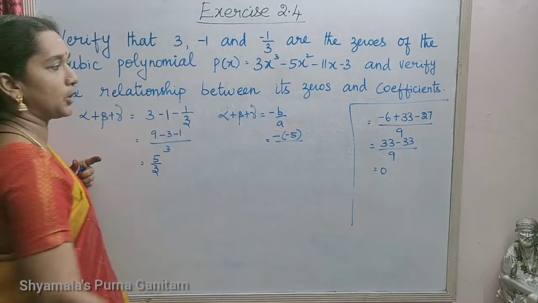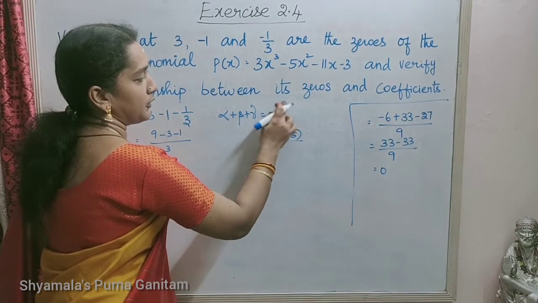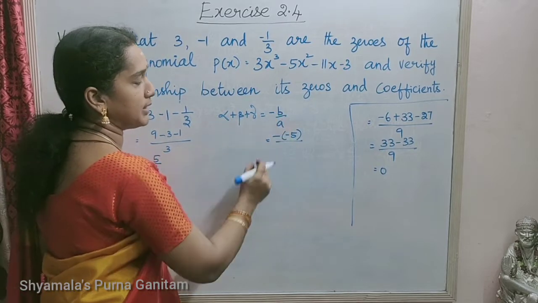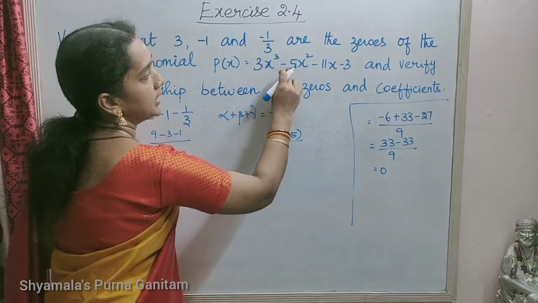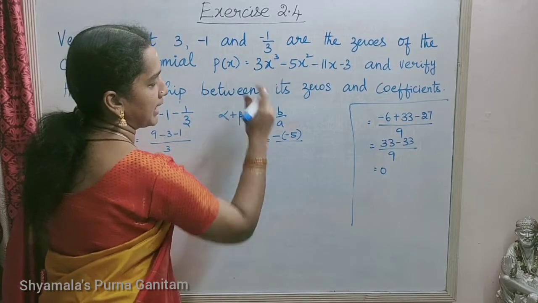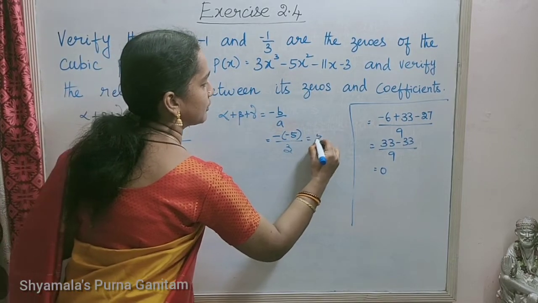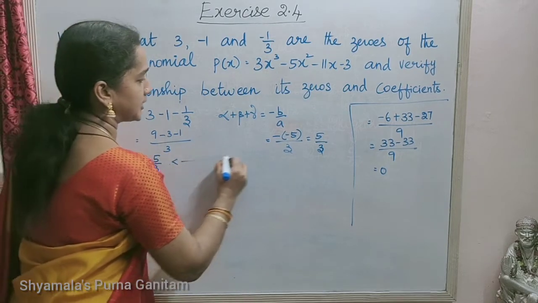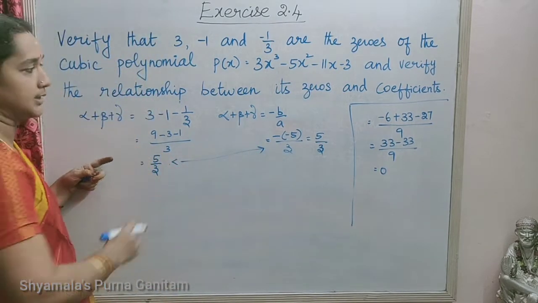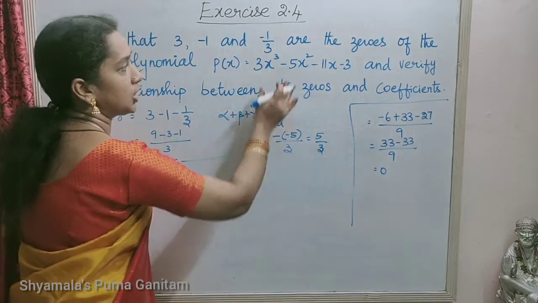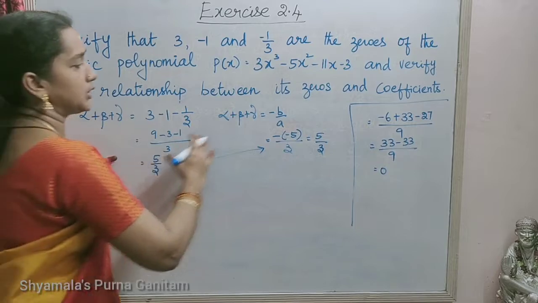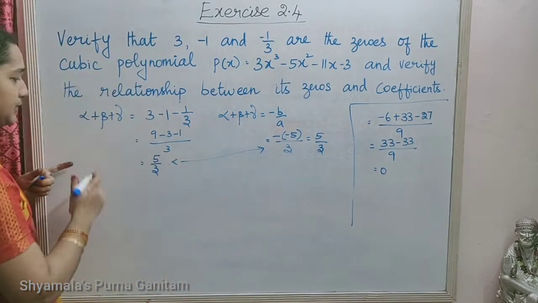Since this is a cubic polynomial, when you relate the coefficients, the sum of the roots is minus b by a. So minus of, already minus 5 is there here, by a. So you will get 5 by 3. So this is 5 by 3 and this is also 5 by 3. This is the sum of the roots, so these two are equal. This is the first thing.